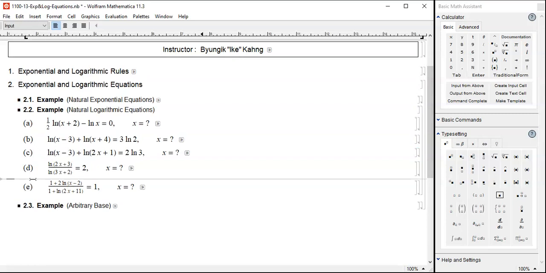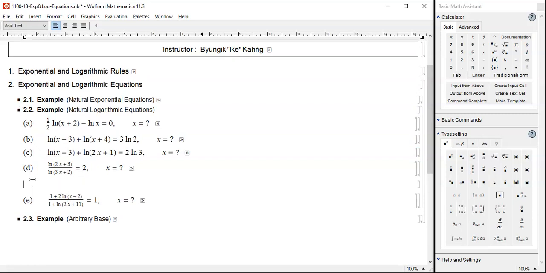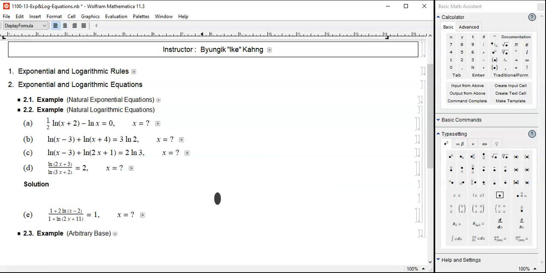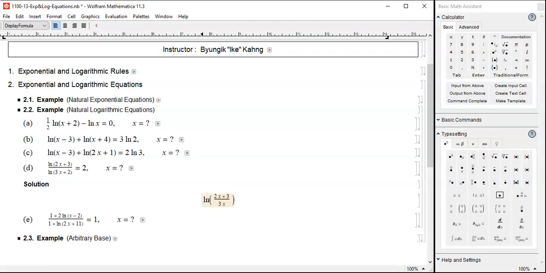How about this kind of problem? We have two logarithms, and then we have division here. Be careful. This is wrong.